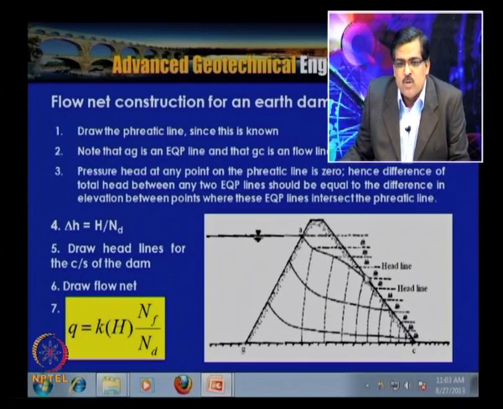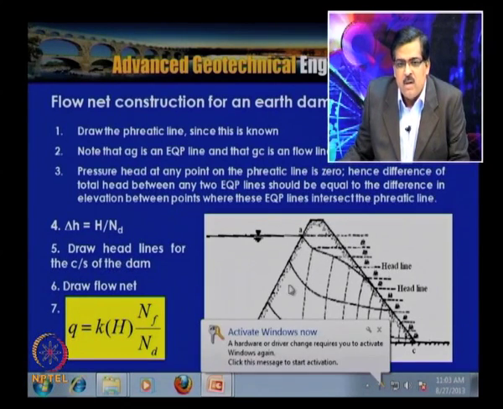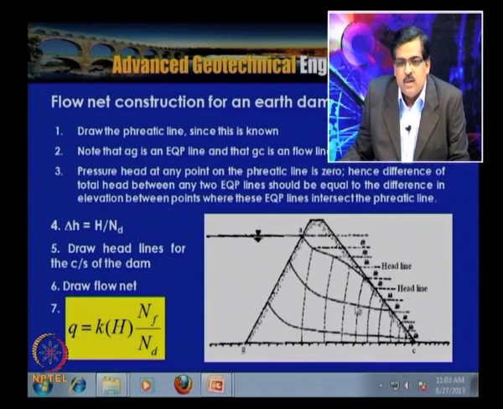In a similar way, once we identify the uppermost phreatic surface or flow line, we construct these flow channels. So here channel 1, channel 2, channel 3, and these are the equipotential lines 1, 2, 3, 4, 5, 6. So these are the potential drops, and we can draw the head lines, where delta H is nothing but H by Nd.